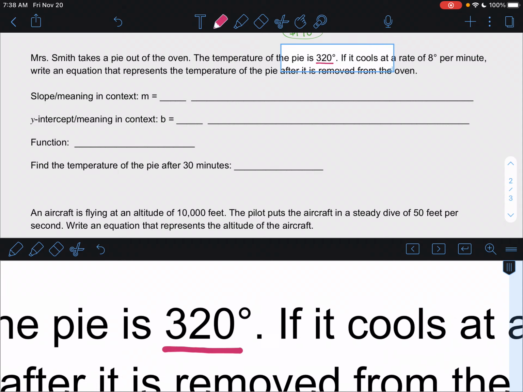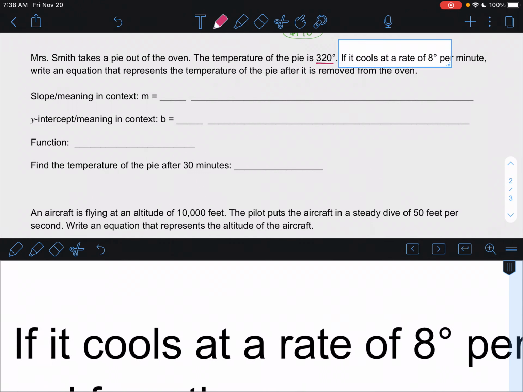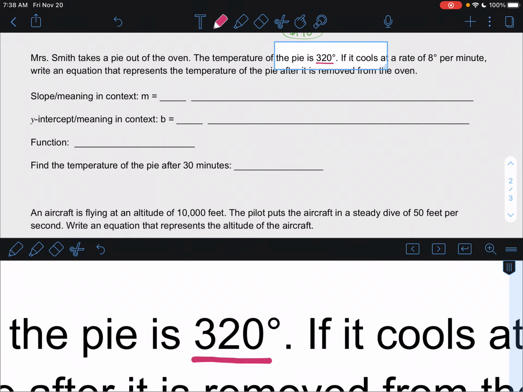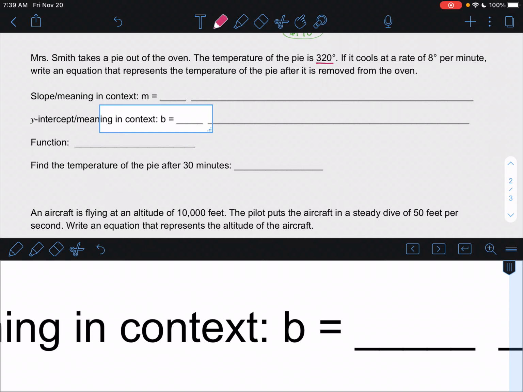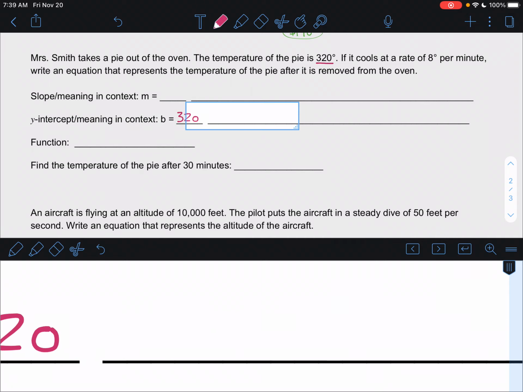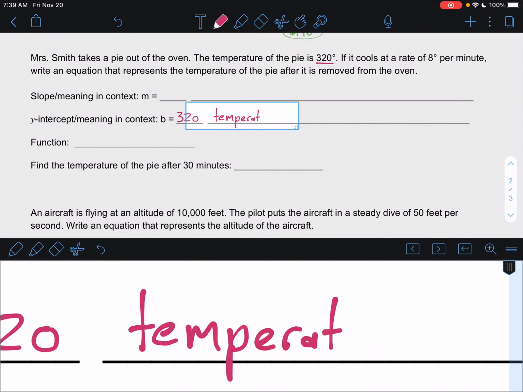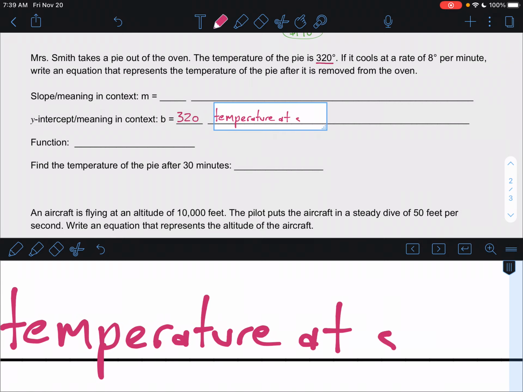It's going to be cooling at this rate, but that 320, that's the initial temperature of the pie. So my y-intercept here is going to be 320, and that is temperature at start.